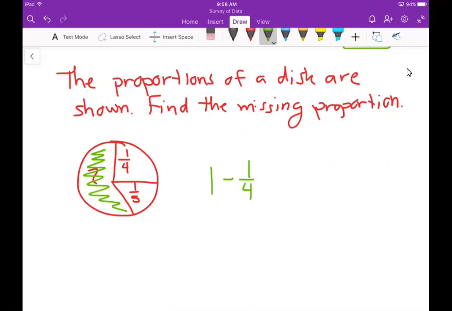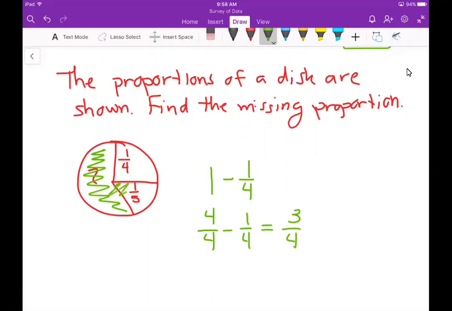So let's first take out the 1/4. How are we going to solve this problem? Very similar to the way we just solved the last problem, right? 1 we can think about as the same denominator. 1 is 4/4. We're going to take 4/4 minus 1/4, and that leaves us with 3/4 of the disk.